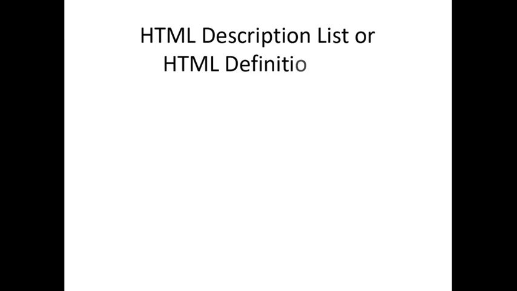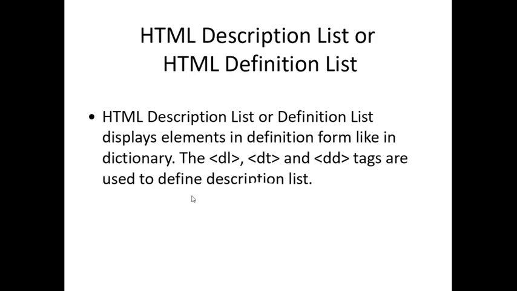HTML description lists are also called definition lists. HTML description list or definition list displays elements in definition form, like in a directory. The DL, DT and DD tags are used to define a description list.